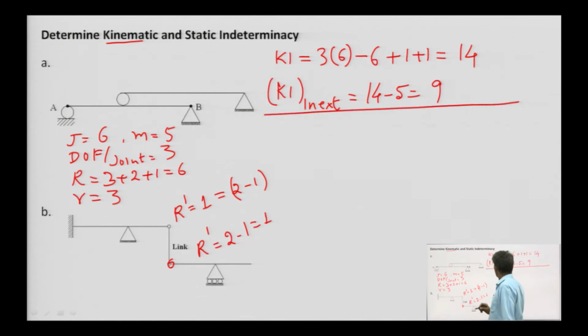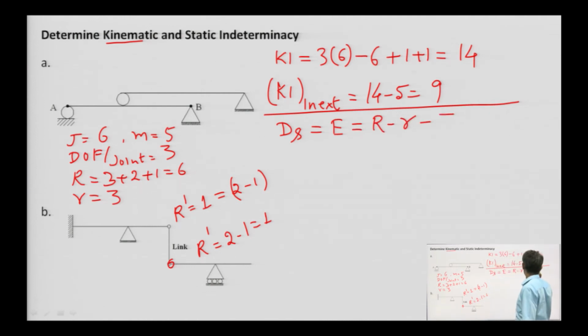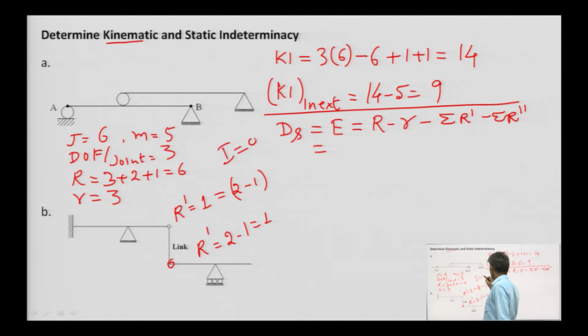Static indeterminacy. We know that static indeterminacy is external and it is capital R minus small r minus sum of R dash minus sum of R double dash. A beam has no internal indeterminacy, that I have told you. E is equal to capital R minus small r.